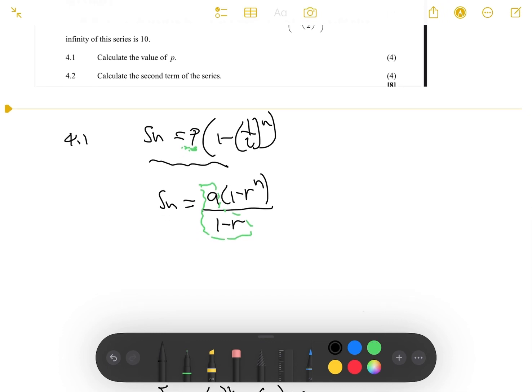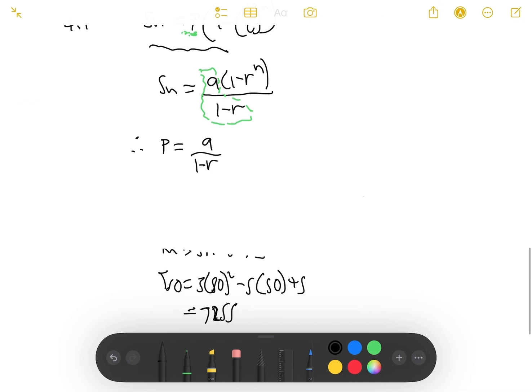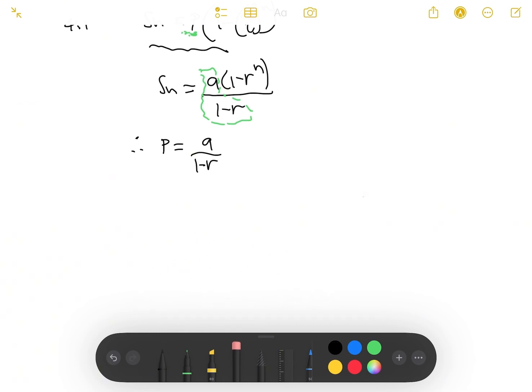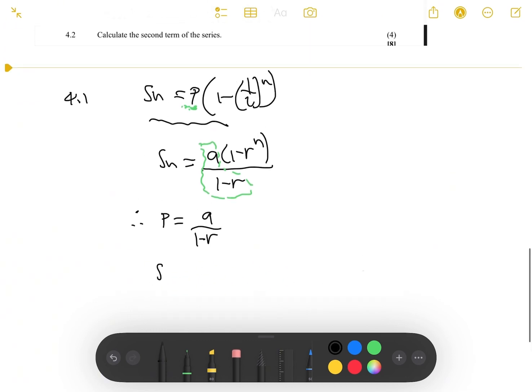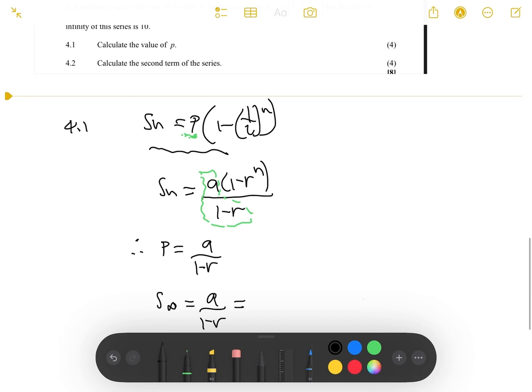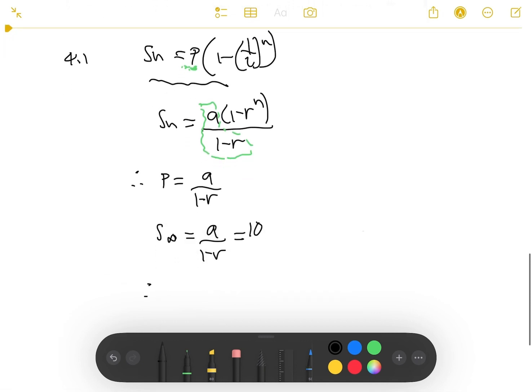So we can say therefore P is equals to a over 1 minus r, right? Of which also we know S infinity, which is equals to a over 1 minus r, we are given that is equals to 10. Therefore, P is equals to 10, right? Since it's also equals to S infinity.